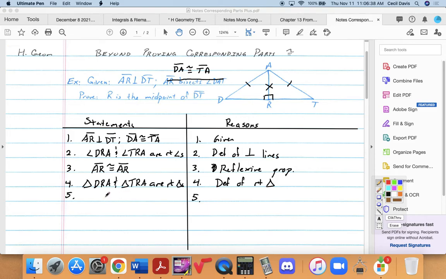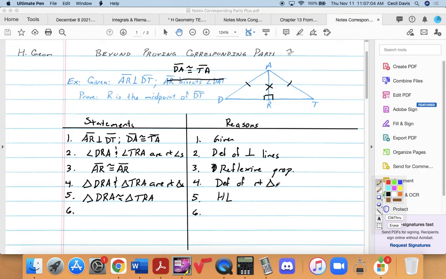All right, is that enough now to prove the triangles congruent? Yes. So triangle DRA is congruent to triangle TRA by hypotenuse leg. Now, we want to prove that R is the midpoint of segment DT.